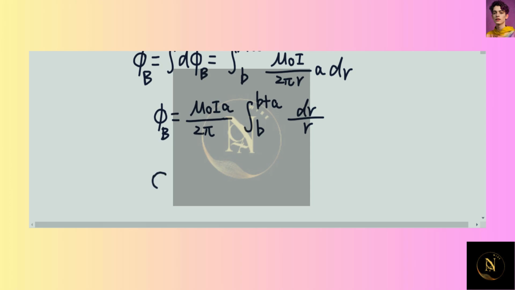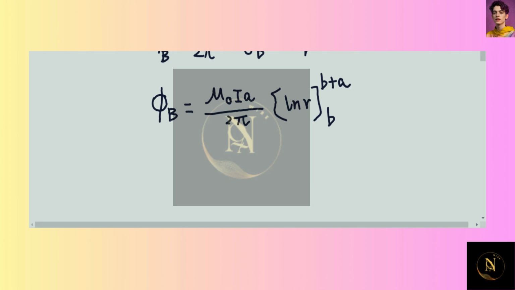So phi b is equal to mu0 I A over 2 pi times natural log r, ranging from b to b plus a.